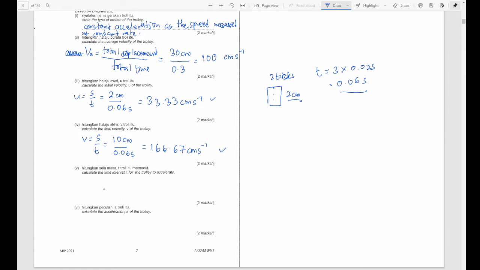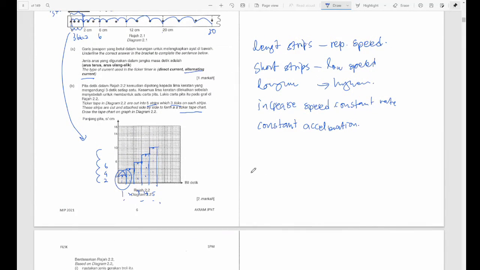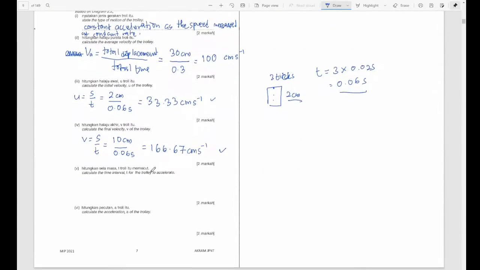Okay, next we will look into this question. Calculate the time interval T for the trolley to accelerate. For this question, it is quite tricky for ticker tape. You need to count how many strips we have before it completes its acceleration. So we have 1, 2, 3, 4, and 5 strips.